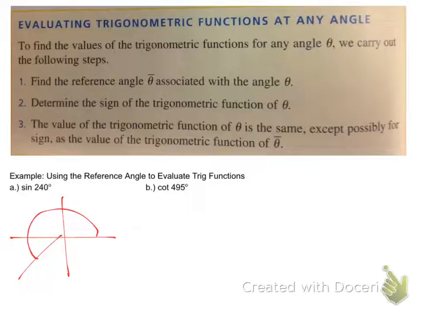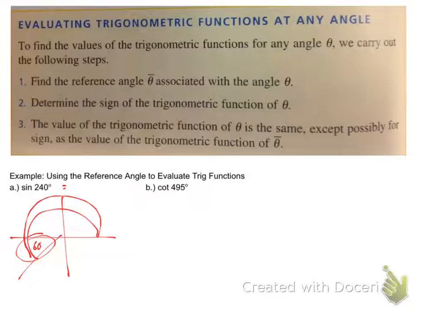But then what we're going to do is say, what is that reference angle then? What's the leftovers? If I'm at 240, what would it take to get back to the x-axis? 60. It would take 60 because you would have to go from 0 to 180 and then go a little bit more. And that little bit more would be 240 minus the 180, which is 60. So what does this mean?